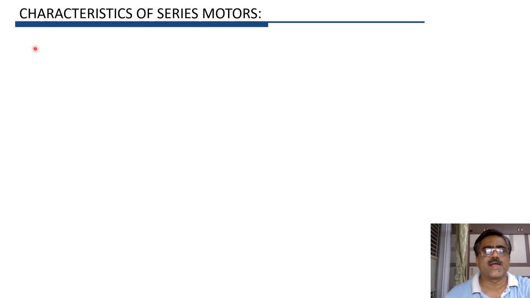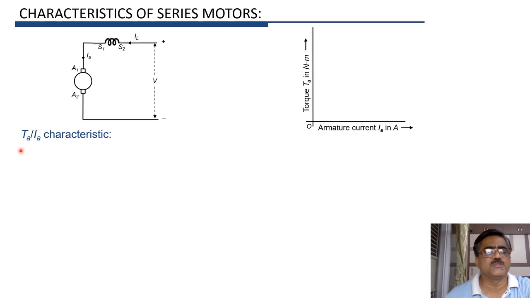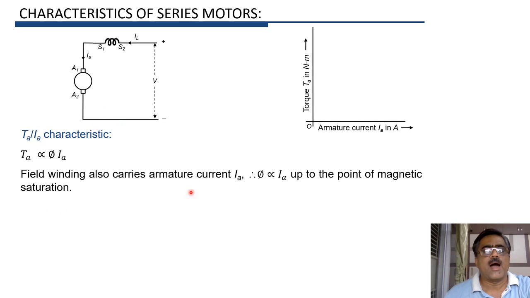Let us now see characteristics of series motors. The first characteristic is between armature torque TA and armature current IA. In case of motors, TA is proportional to phi into Ia. Here the field winding and armature are both connected in series, and therefore the field current is the same as armature current Ia, and the flux produced by this field winding, phi, is proportional to Ia.